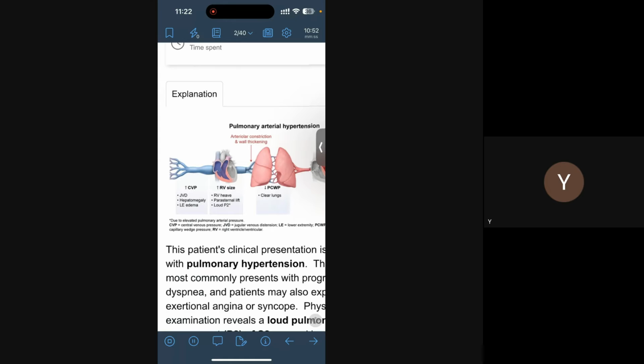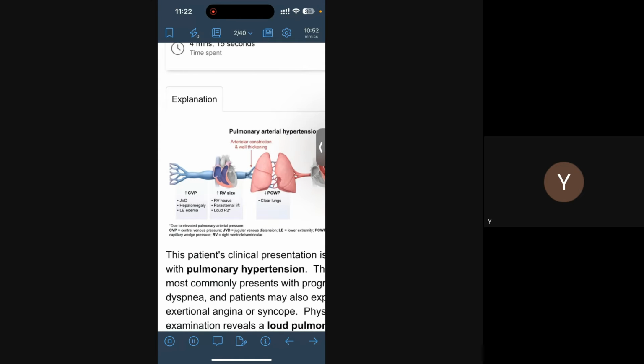Doctor, will there be splitting also? Splitting of the S2? Yes, there will be splitting of the S2 as well. Splitting of the S2 sound is always there. But there are some changes which occur when anything happens to the aortic component or the pulmonary component.